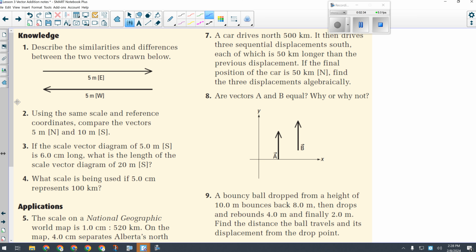In the end, the final position of the car is 50 kilometers north. What is the length of the 3 displacement vectors?